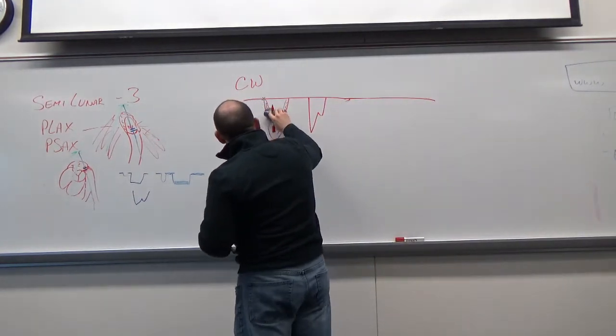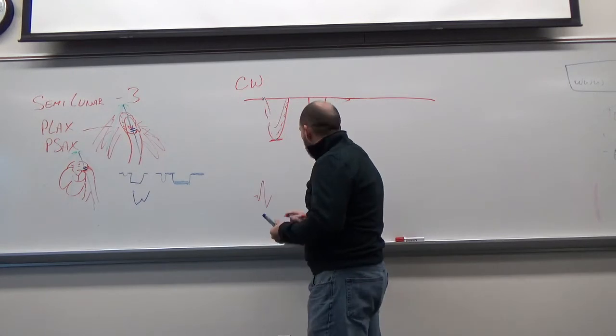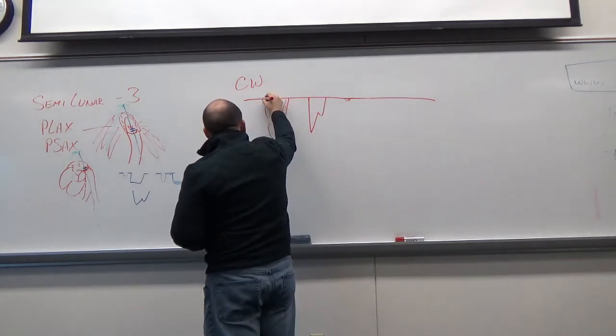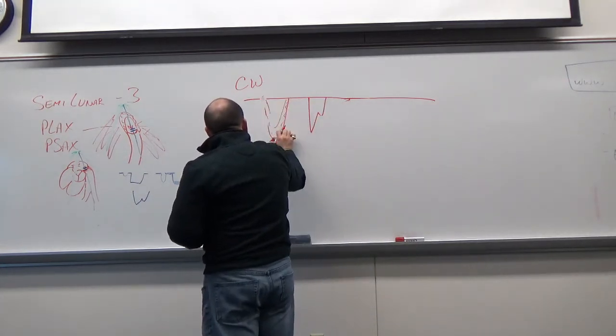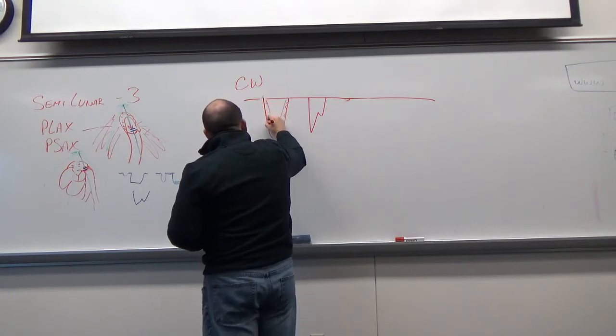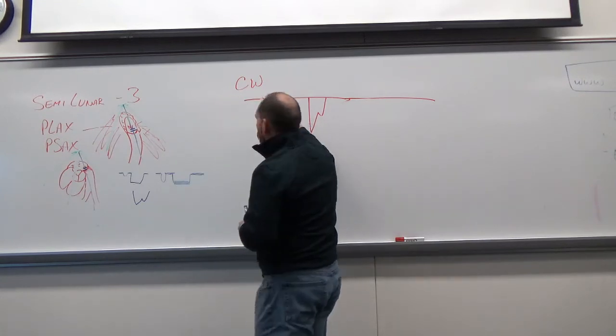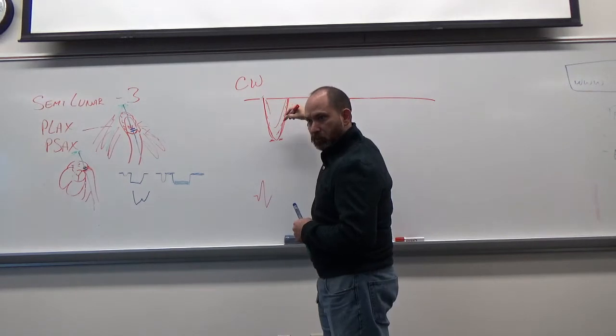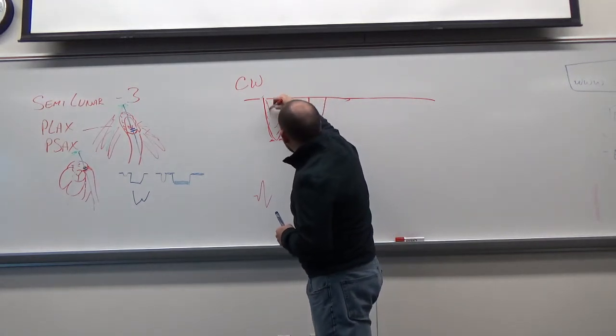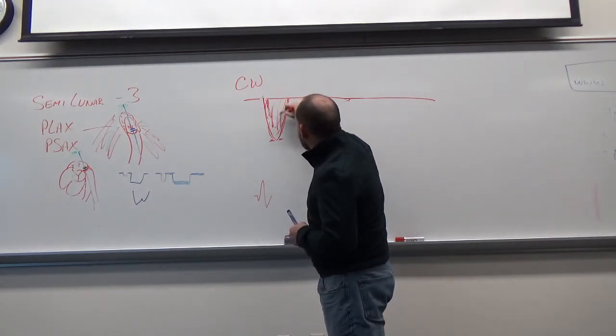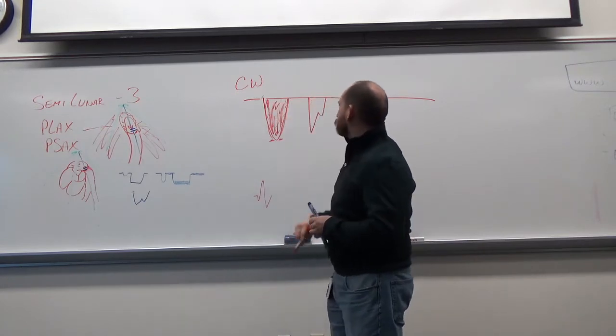It's going to look the same parabolic shape, but because we're using CW, what are we going to have different? This had a nice enveloped window because it was pulsed wave, right? This is going to be the spectral broadening. This is going to be all filled in.